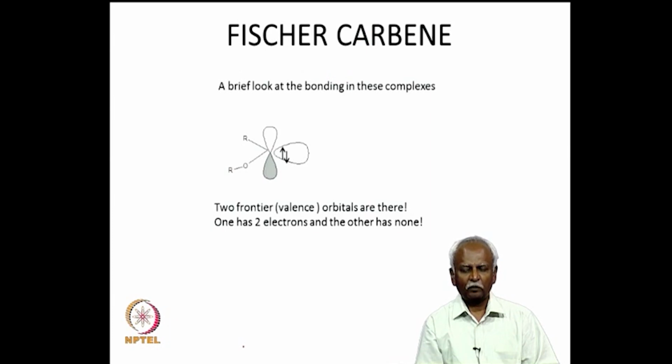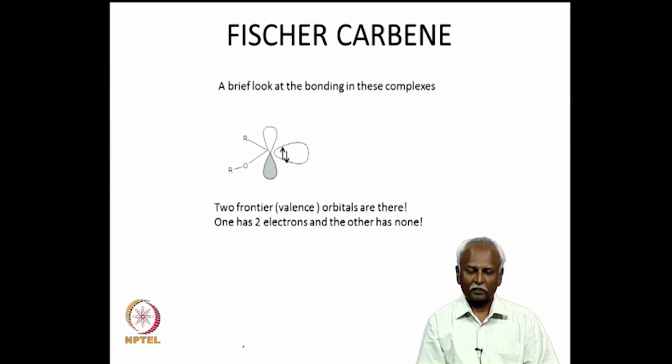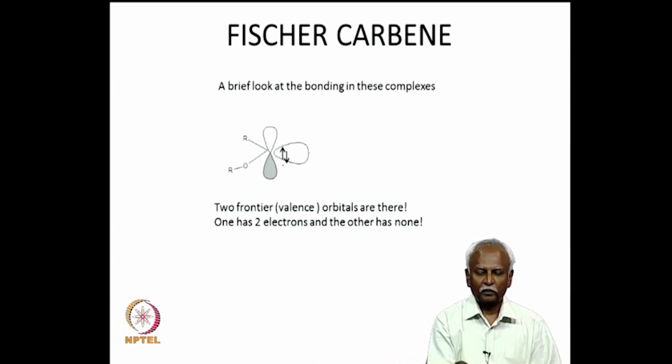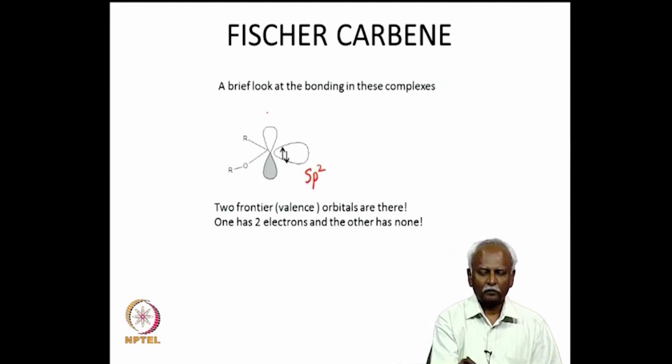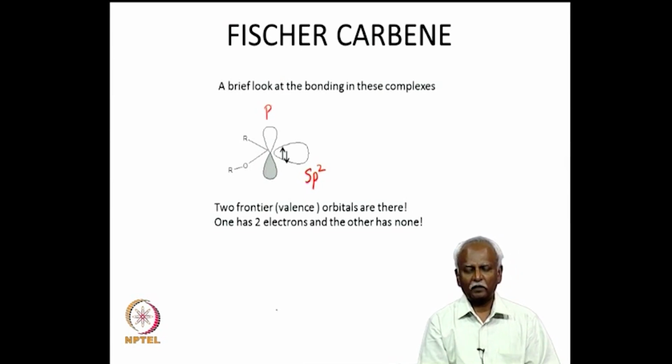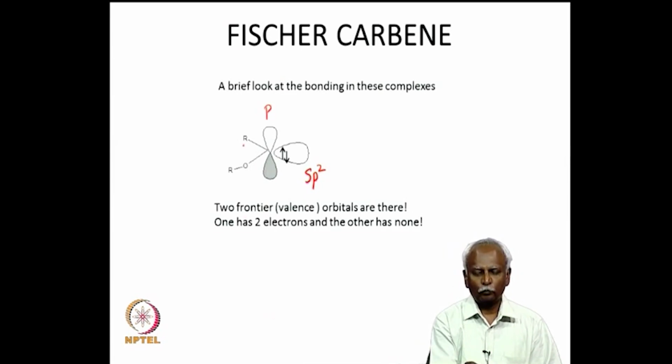So, these Fischer carbene complexes are those systems where you can have metal carbon double bond character, and that is possible because you have a carbene carbon which is diamagnetic, and which has a pair of electrons in the orbital, which is like an sp2 hybrid. This can be called an sp2 hybrid, and the p orbital, which is perpendicular to the plane in which the three groups are present.